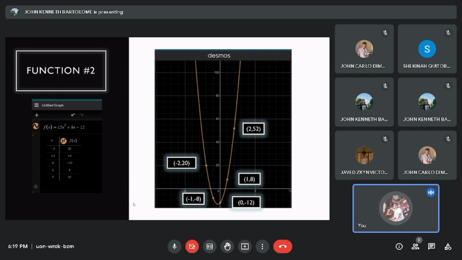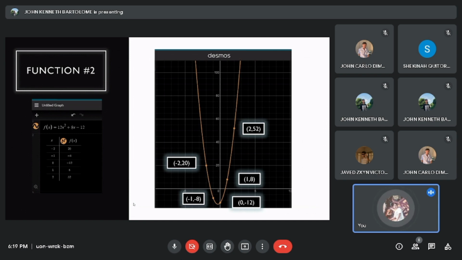On function 2, we got this answer by comparing the graph to the table and by using the function given, which is f(x) equals 12x squared plus 8x minus 12. First of all, we are going to use the x points so that we can get the f(x) answers.